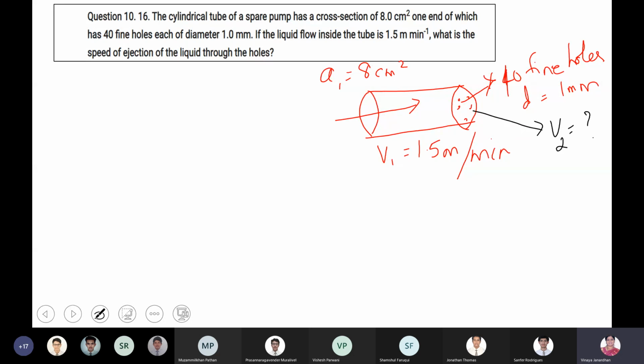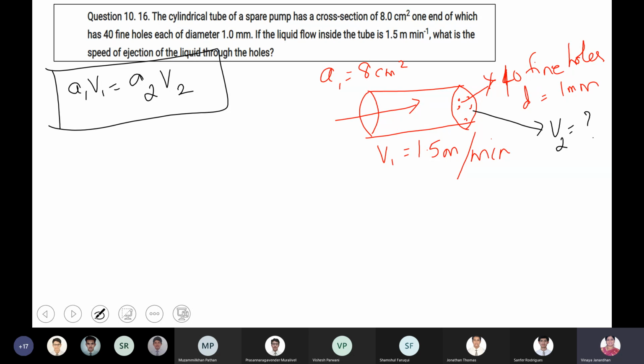Boys, have a rough diagram of this and then start doing A1 V1 is equal to A2 V2. You have a cylindrical tube. One end of the cylindrical tube has an area of cross section 8 centimeters squared. The other end has 40 fine perforations, each of diameter 1 millimeter.